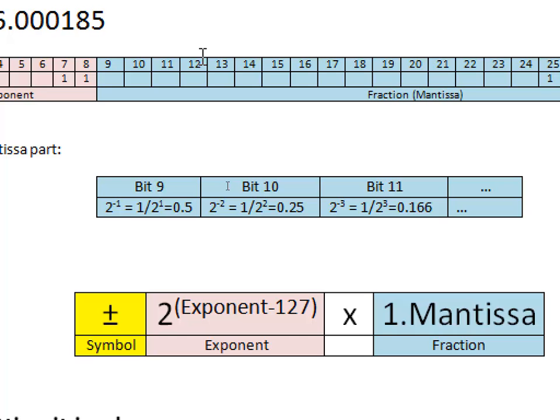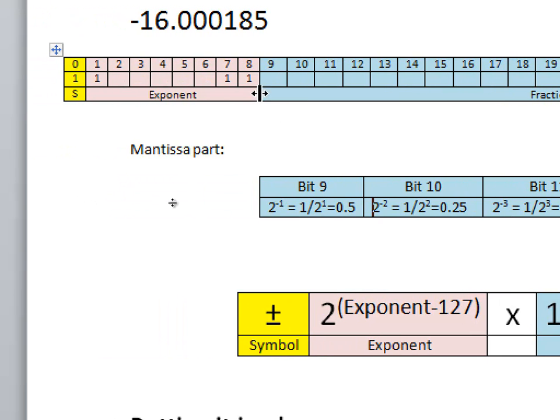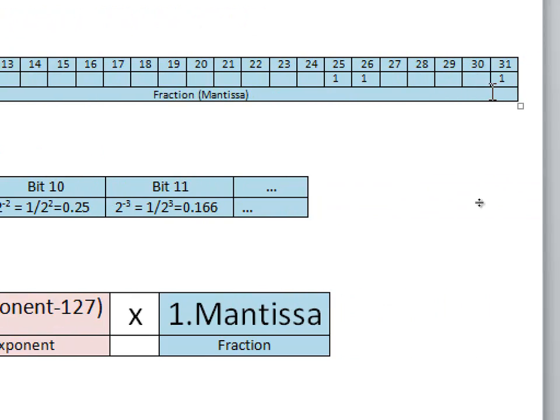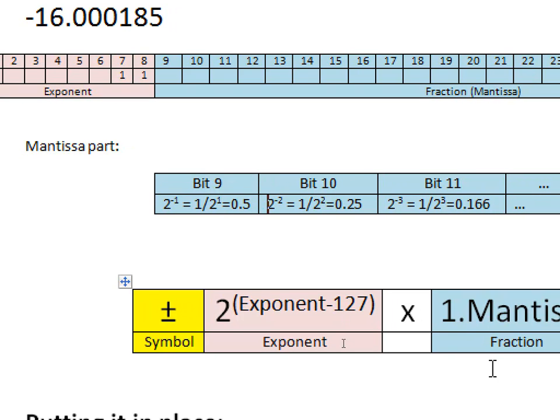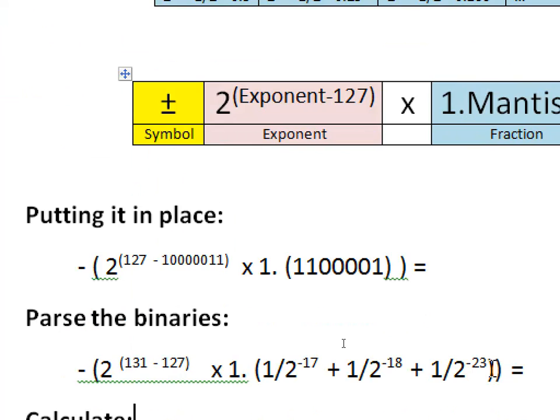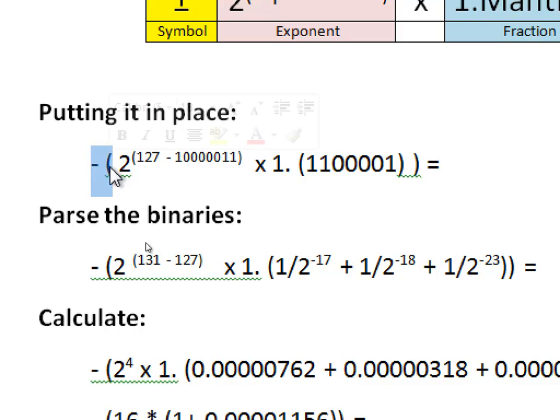So in the end, we have to take a look at the sign, we have to calculate the exponent, and then we have to calculate what the fraction is, and then we have to calculate it all together to construct the full number. So in this example, let's put everything in place.